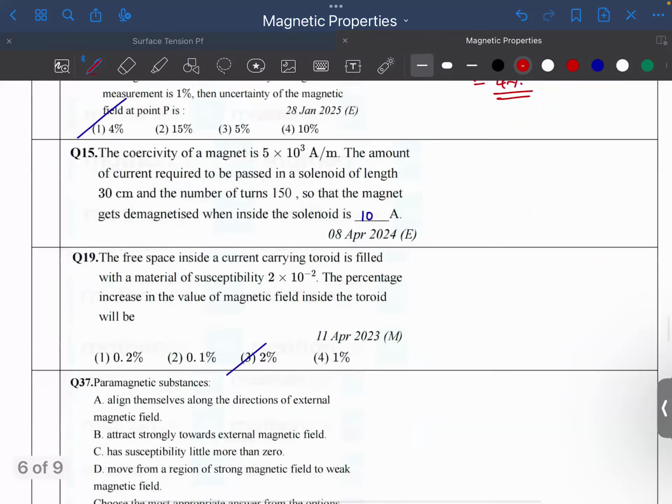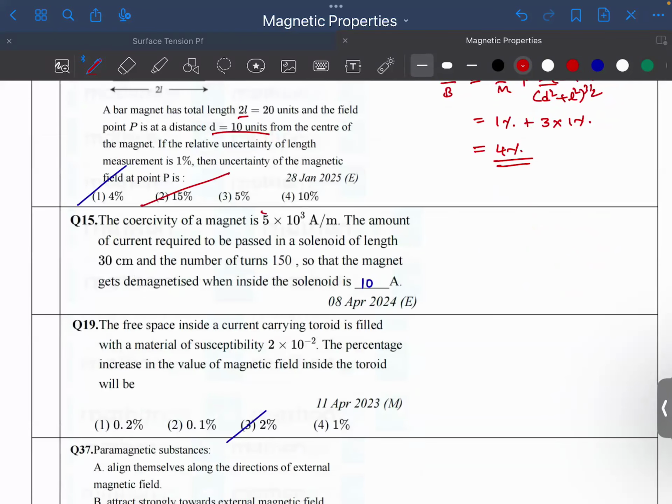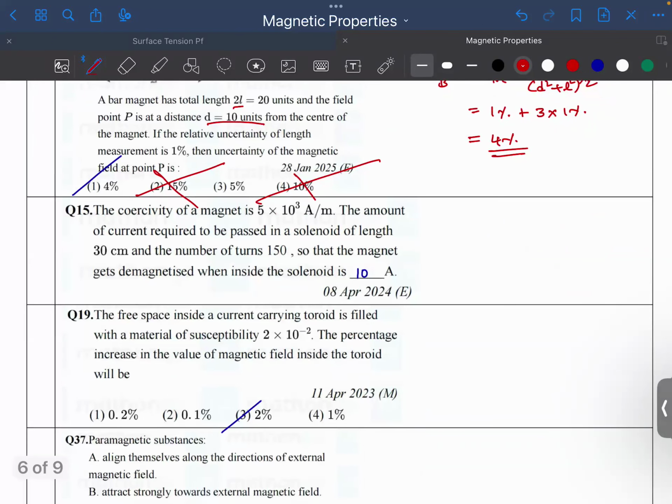Next. In fact, never it happens, this percentage will come. You may confuse between 1 and 3 options. These possibilities are not there. The coercivity of a magnet is 5 into 10 power 3 ampere per meter.